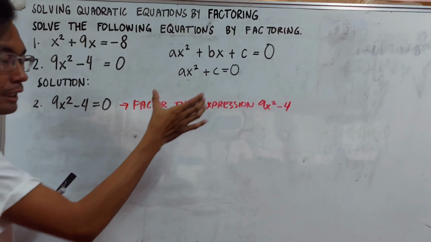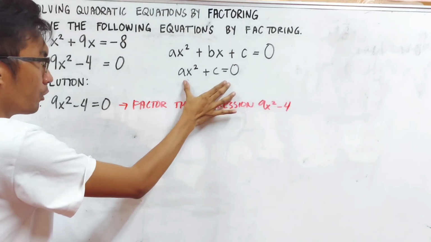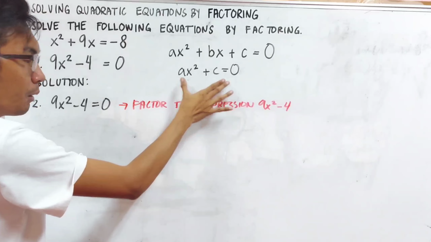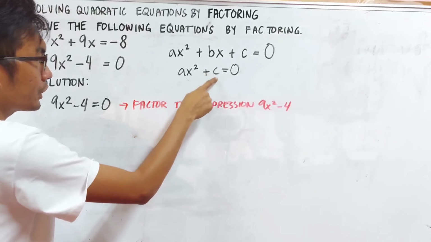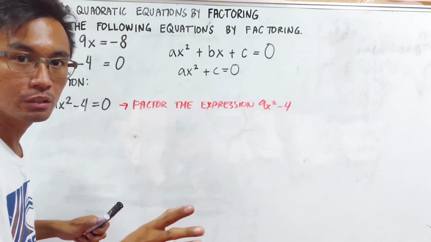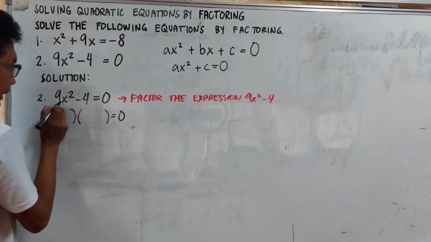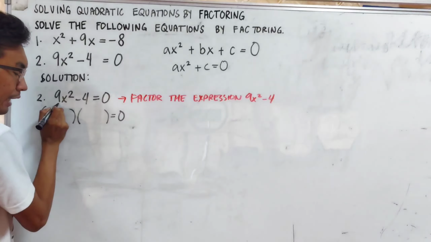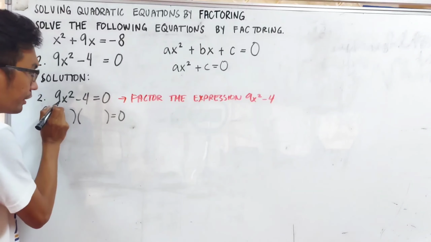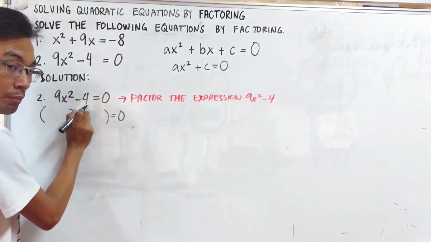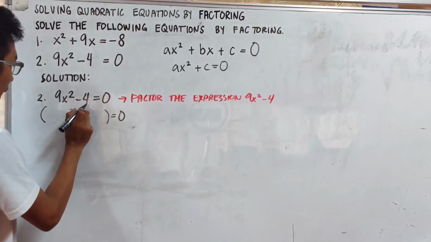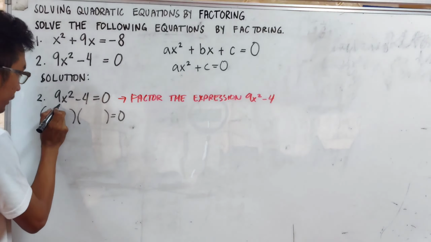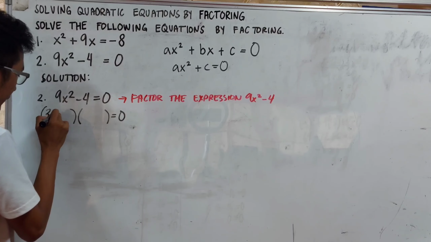So kapag ganito yung form niya ng quadratic equation, most of the time, yung A tsaka C is a perfect square number. So, since 9x squared or yung 9 perfect square number, and then si 4 is also a perfect square number, kapag pinactor si 9x squared, we have 3x.